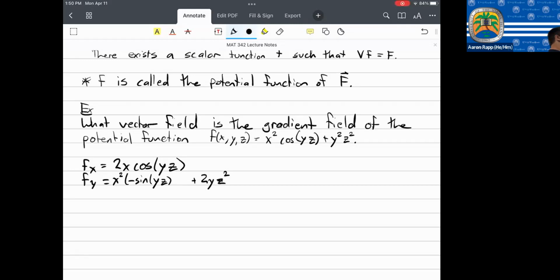Just z. Y times a constant, its derivative is just that constant. So that's going to become a negative x squared times z times sine of yz plus 2 times yz squared.